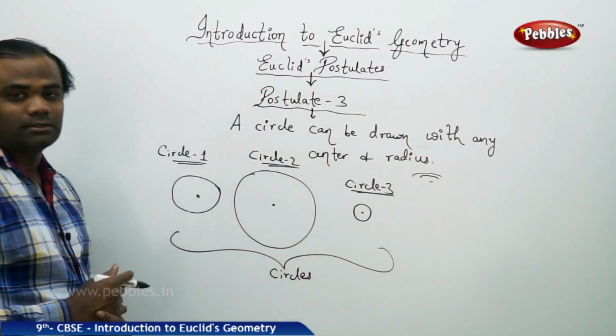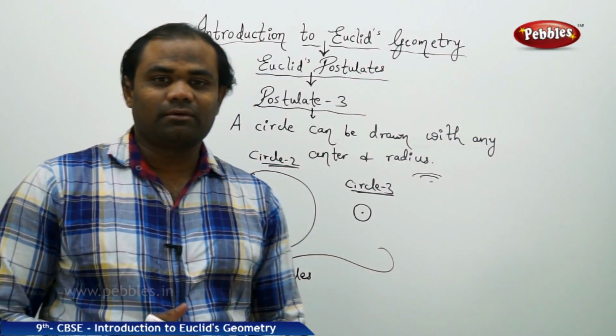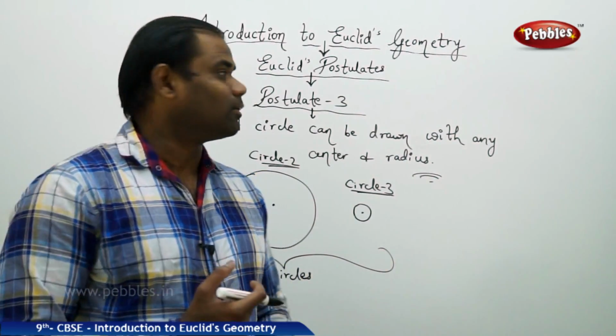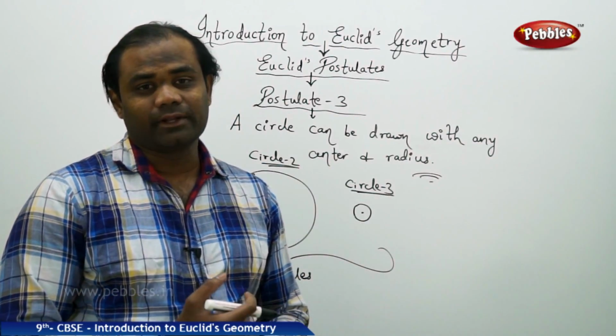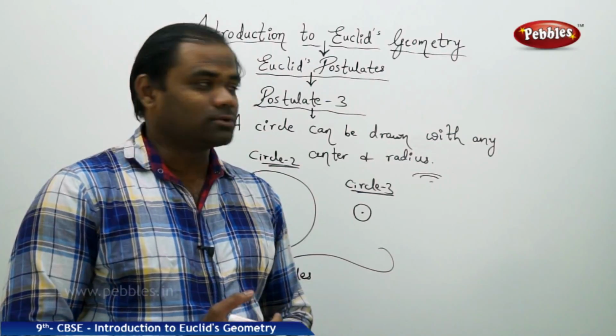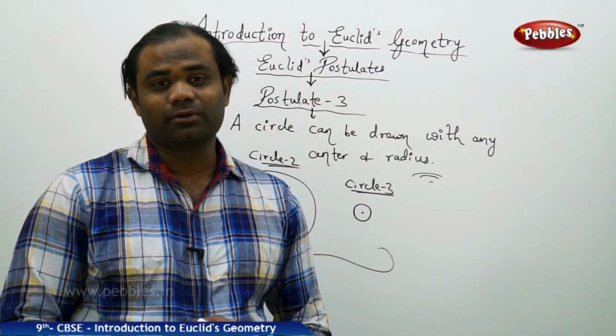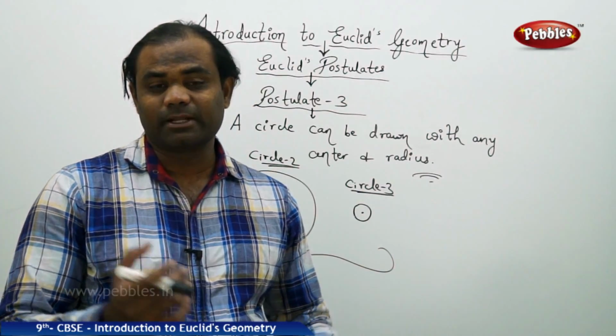All these three are circles. So any circle, however big or however small, can be drawn with a fixed center and radius, is what postulate number 3 states according to Euclid's contribution to the mathematical society.